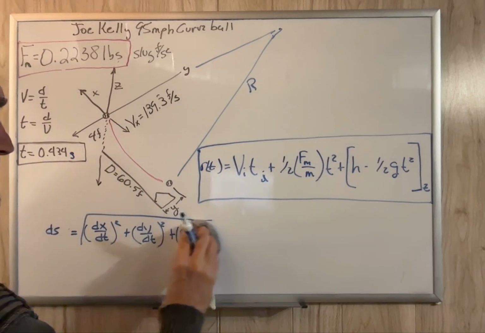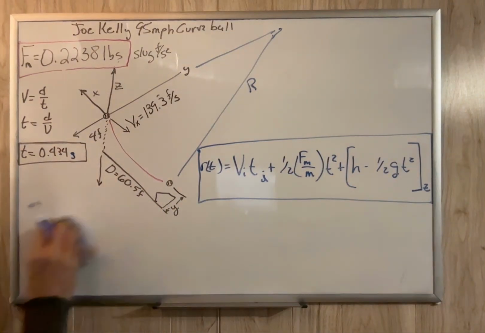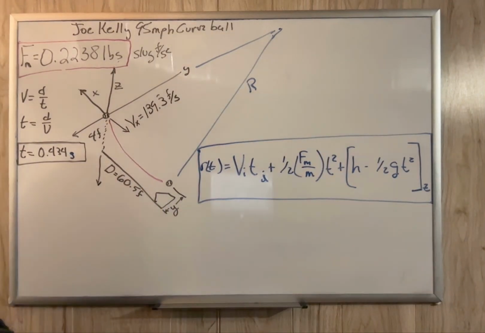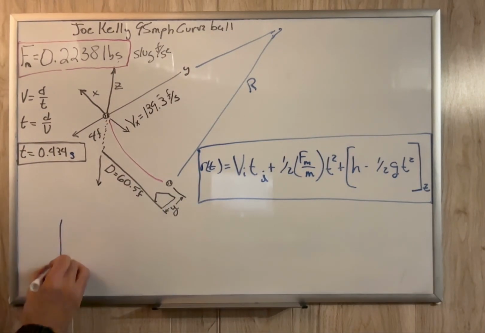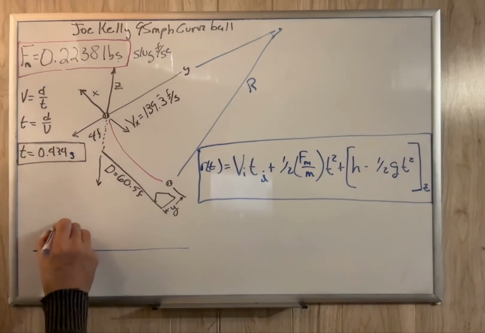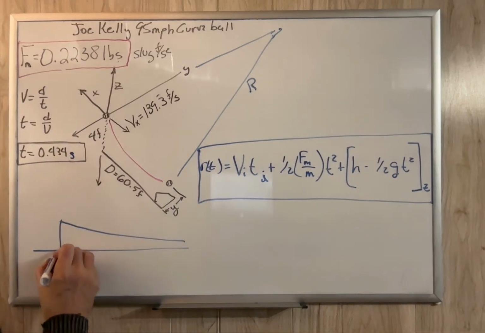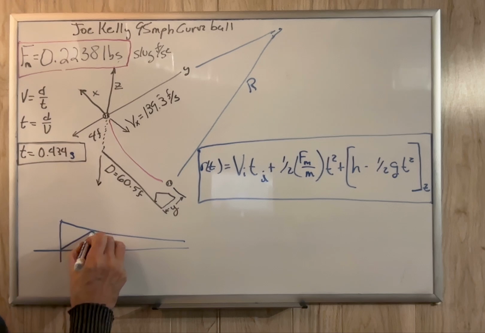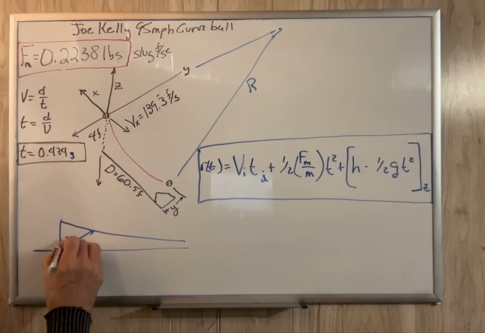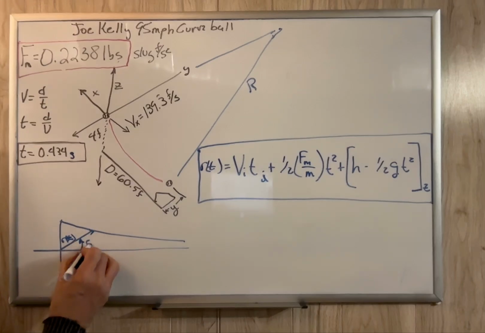Also, there's a nice little thing to think about: when the ball is being thrown, here's the ball being thrown, and here's our r(t). There's going to be an angle here, usually called phi.